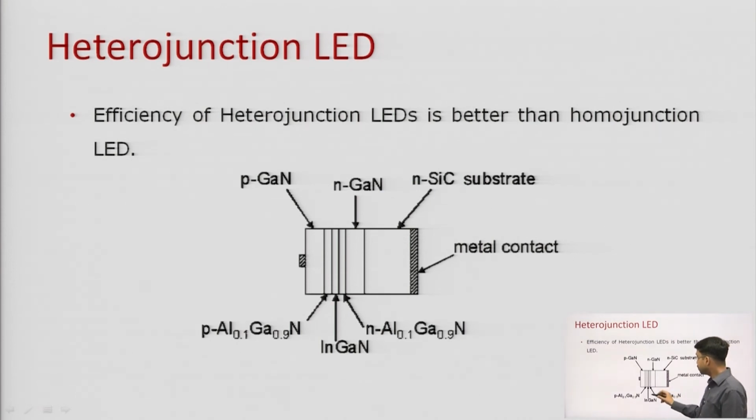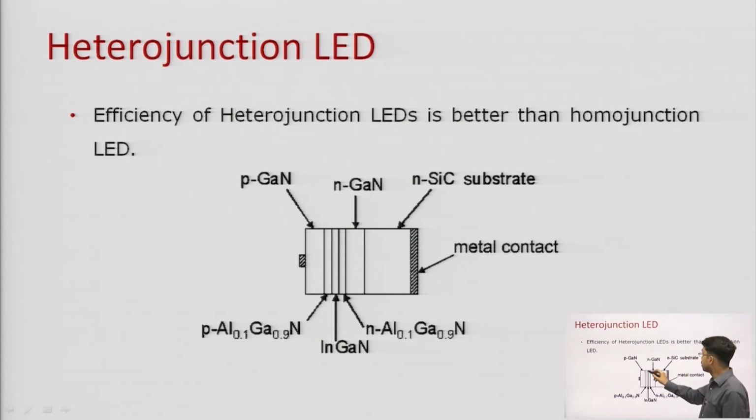So over here this is gallium nitride, this is aluminium gallium nitride, this layer is indium gallium nitride, again aluminium gallium nitride, and again gallium nitride, and this is the substrate of silicon carbide.